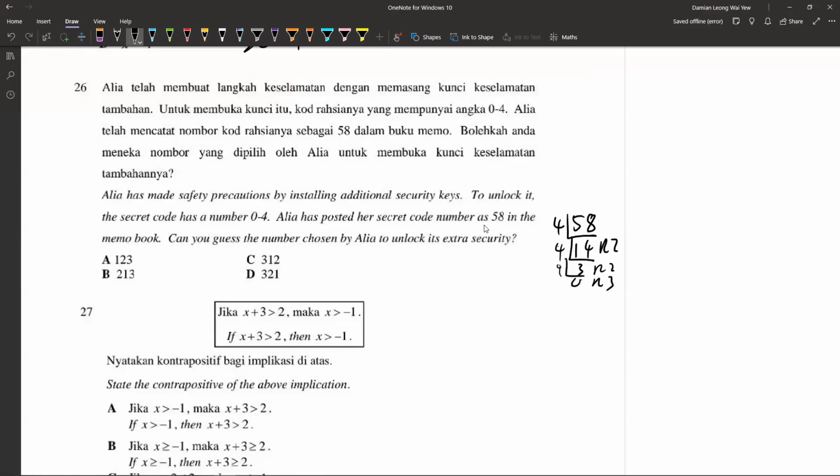So 3, 2, 2, which is not part of the selections here. Maybe it is base 5, since the digits can be 0 to 4. So 58 divided by 5 is 11, remainder 3, divided by 5, 2, remainder 1, divided by 5, 0, remainder 2. So 2, 1, 3. Yeah, that makes sense. So the answer would be B, because the digits inside can be from 0 to 4. So that would be a base 5 number.